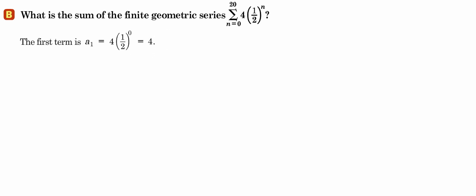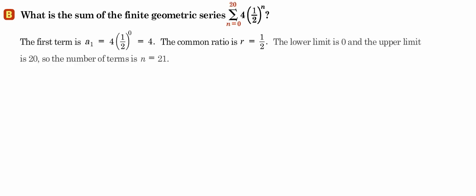The first term equals 4. The common ratio, r, equals 1/2. The lower limit is 0 and the upper limit is 20, so the number of terms, n, equals 21.